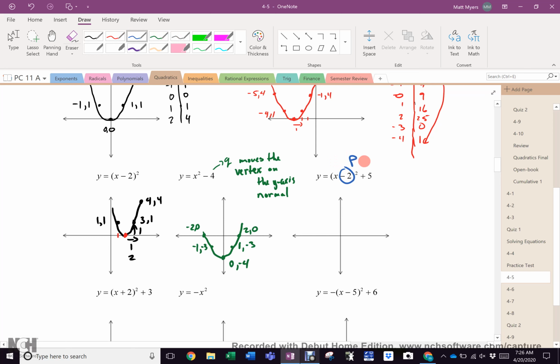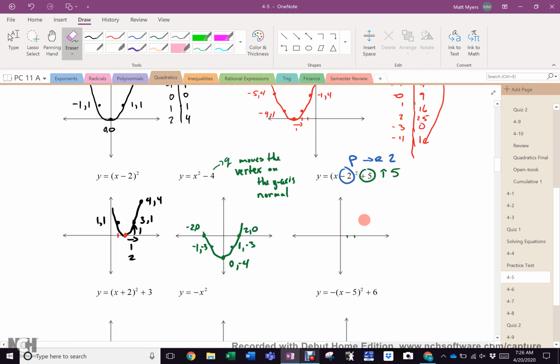There's P, which moves me right, because it's got to be opposite, moves me right 2, and there's Q, which moves me up 5. So I go right 2, 1, 2, and I go up 1, 2, 3, 4, 5.